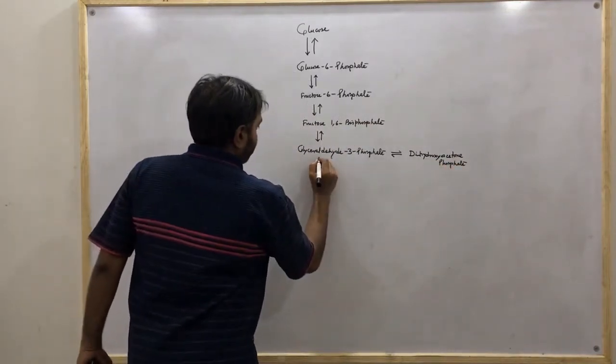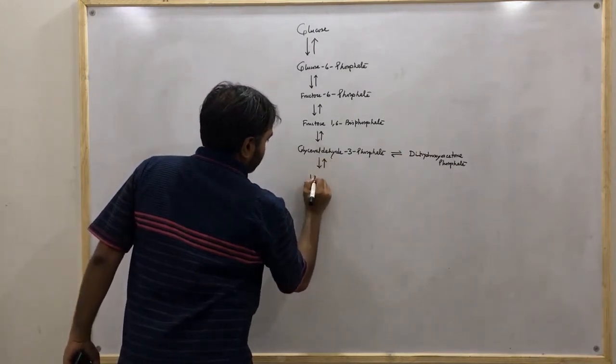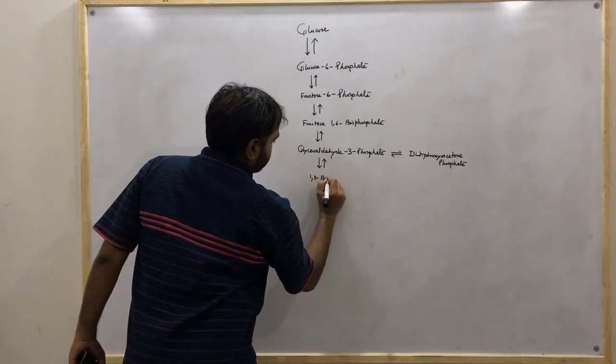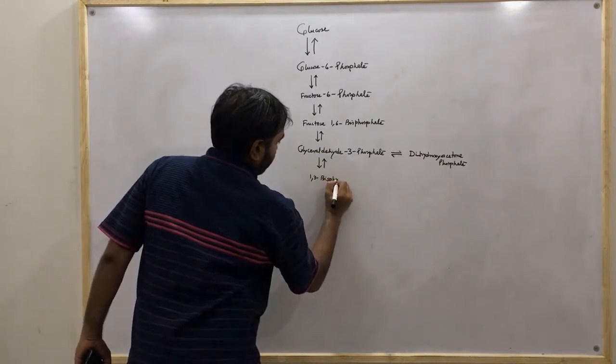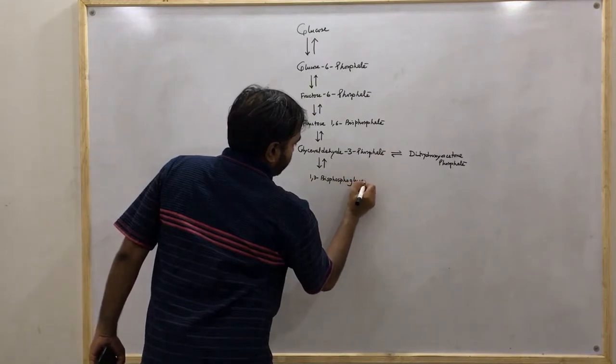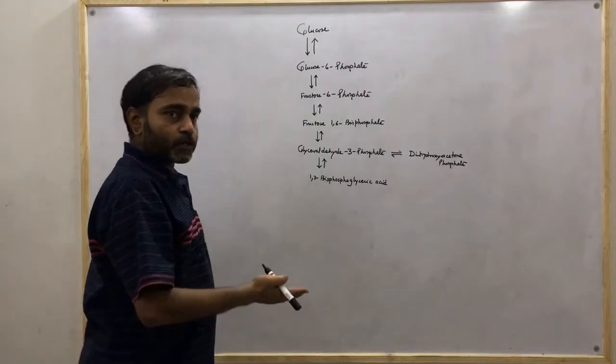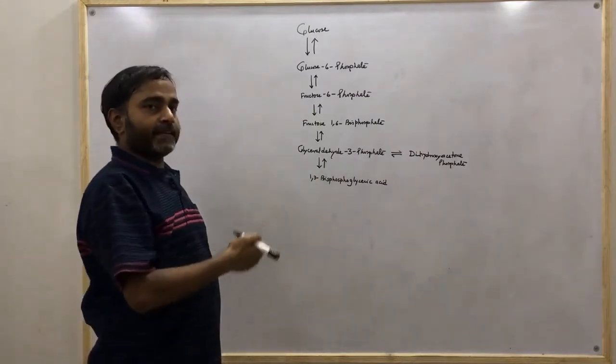And which step will come further? 1,3-bisphosphoglyceric acid. We may write it glycerate also. We can also write it as glyceric acid.